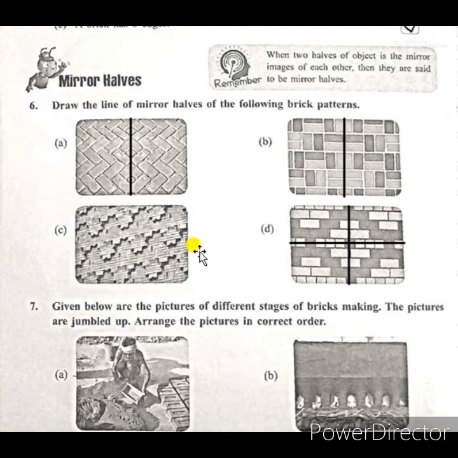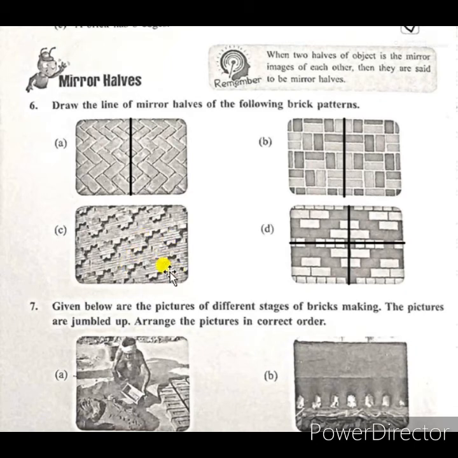Now see the third question, question C. Students, observe this figure. Can you draw any mirror half or any line? If you draw a vertical line, will you get any mirror half? Both the sides look the same? No. Both are looking different.